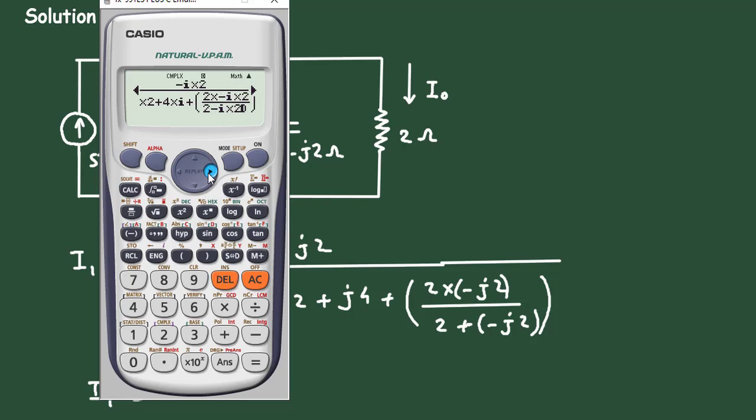Let's solve this much part first. It will be 2 into minus J into 2 divided by 2 plus minus J into 2. So, this much is 1 minus J.